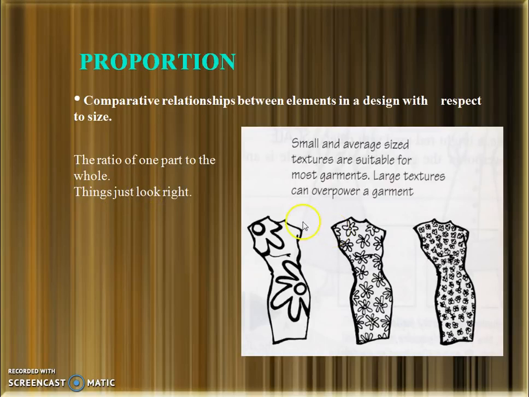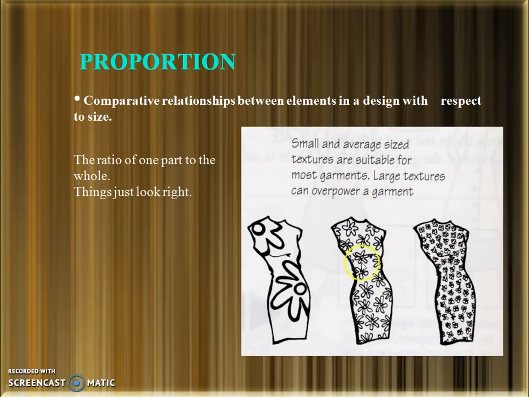In these examples, we can see three dresses. In the first dress, we can see the flower print is too big compared to the size of the dress. So we can say that this print is not proportional to the dress. In the second example, the size of the print looks pleasing to the eye with respect to the size of the dress.